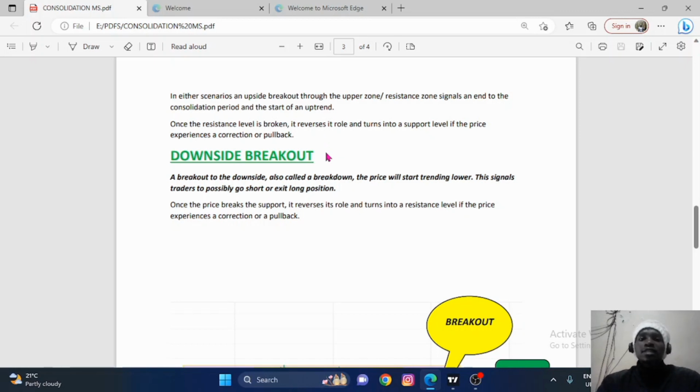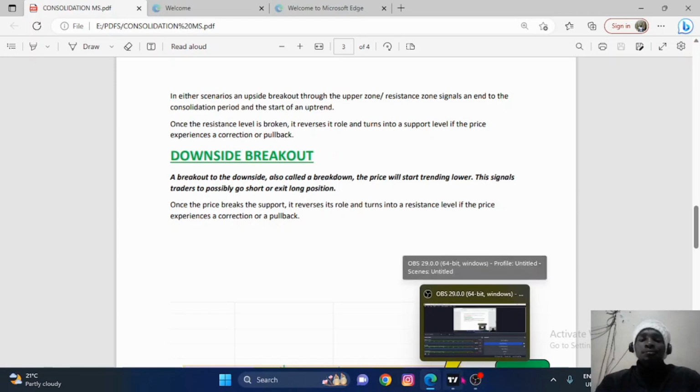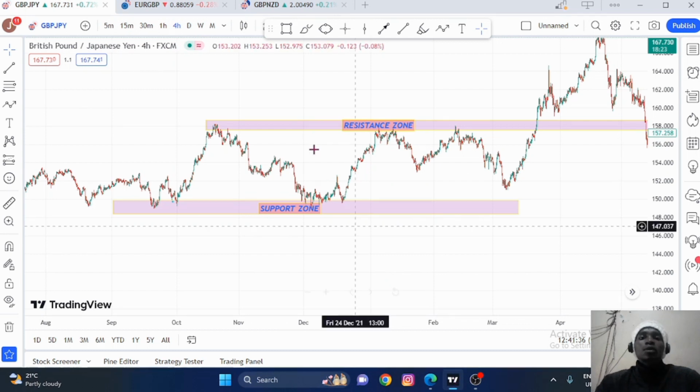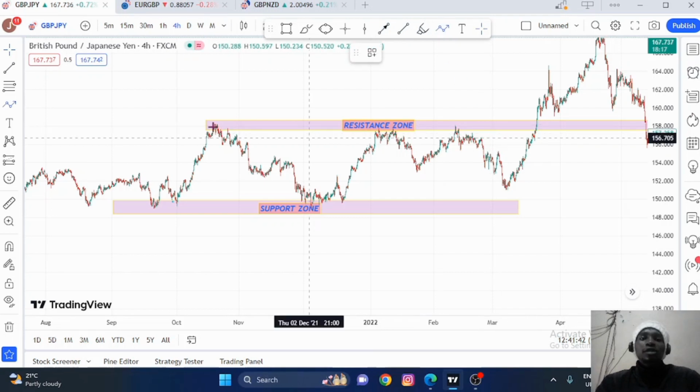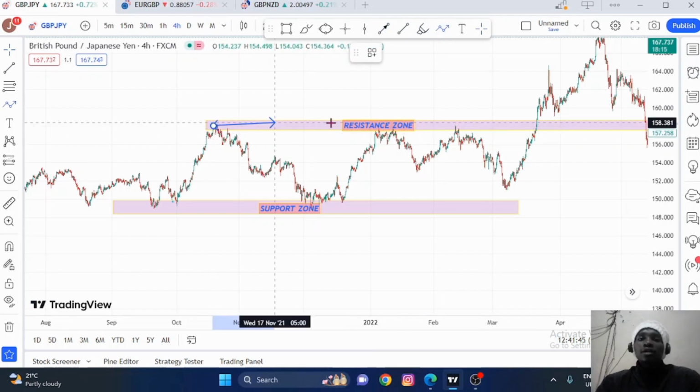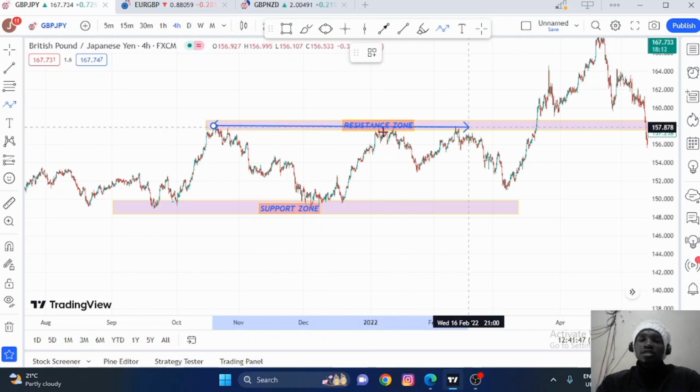Now, once the resistance level is broken, it reverses its role and turns into a support level if the price experiences a correction or a pullback. Let's go back. What I mean is, for example, here the market is currently experiencing this type of resistance zone.